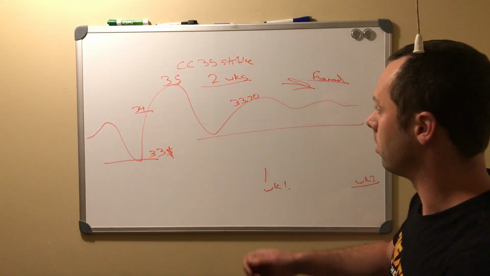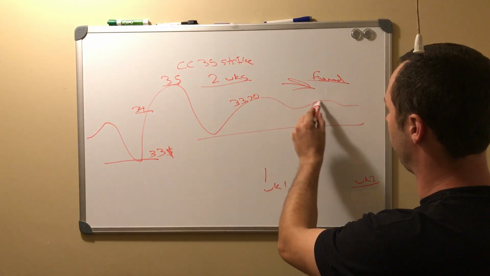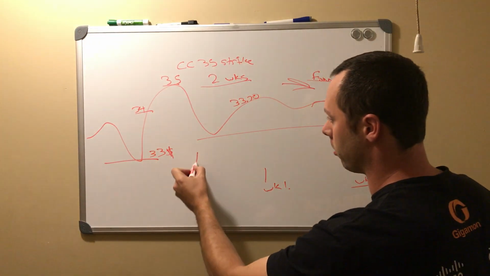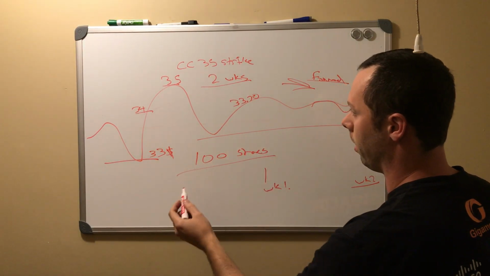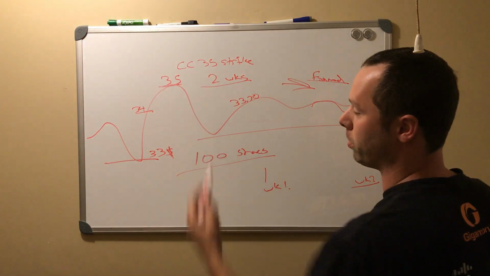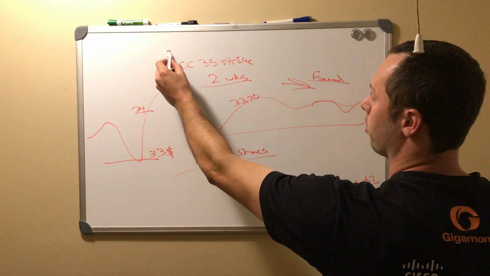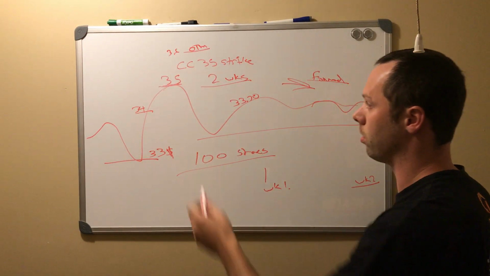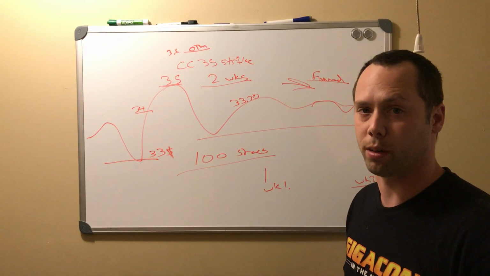But let's say, for instance, we wrote that $35 call because we thought the stock was going to be in this range here, and let's say we had 100 shares. If we sold a $35 call when it was up here, we sold it pretty much at the money. Maybe you could have sold a 36, could have sold out of the money, but whatever. I sell them really tight because I'm a huge sucker for premium.